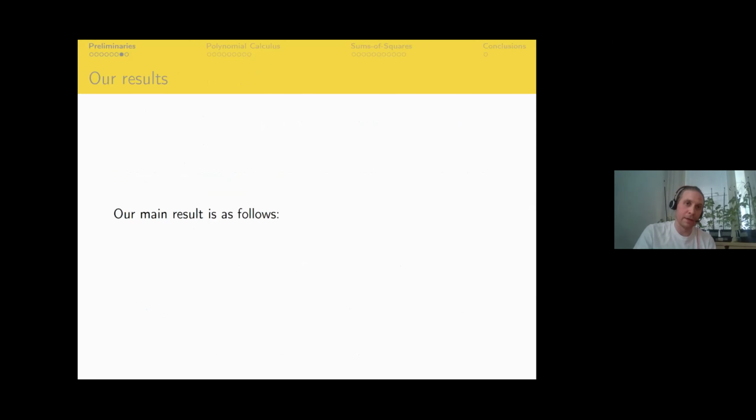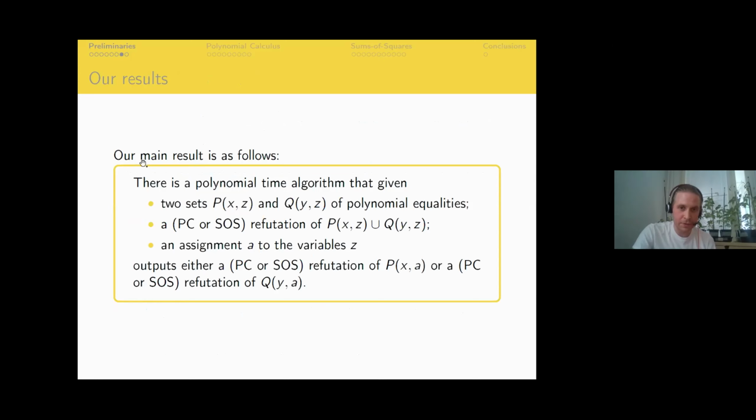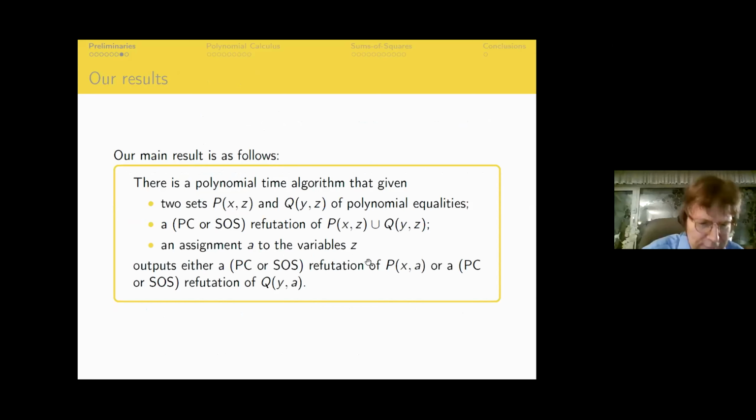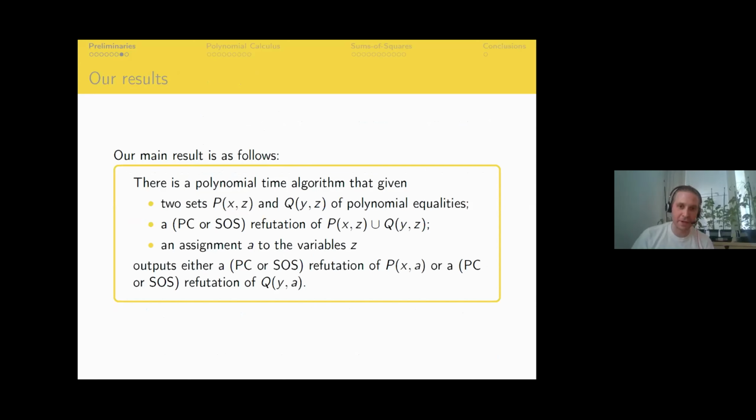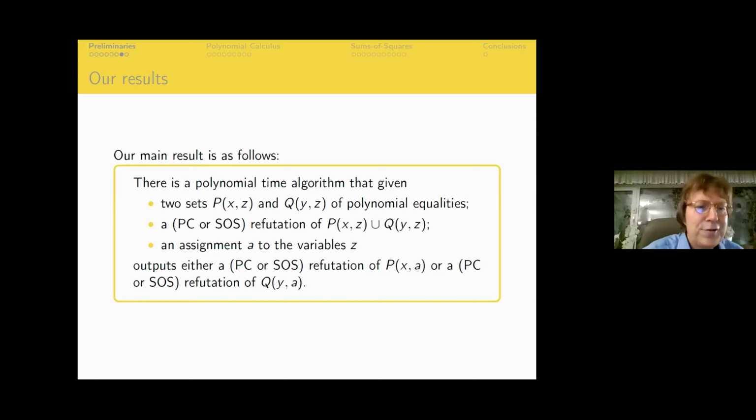And for polynomial calculus, we actually obtain this result only over finite fields. Then it still applies for any assignment in the finite field. So for polynomial calculus, it's any assignment in a finite field. For sums of squares, it's 0, 1 assignments. Okay. Thank you.